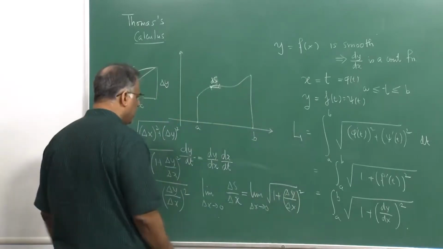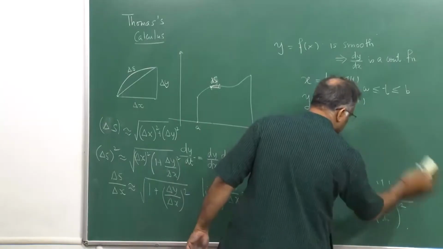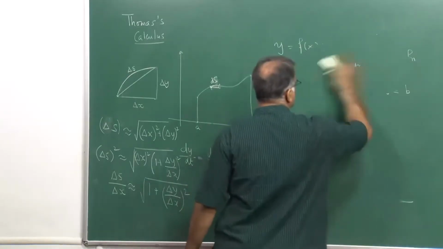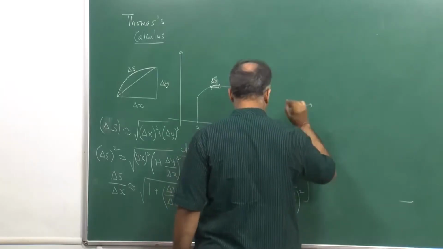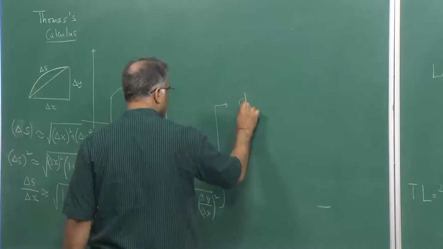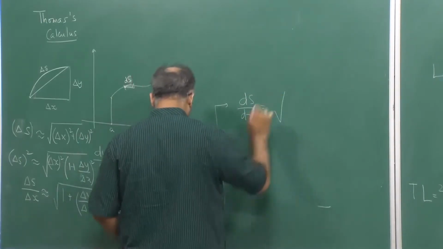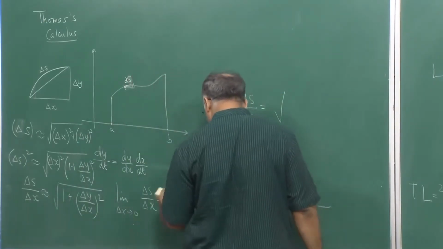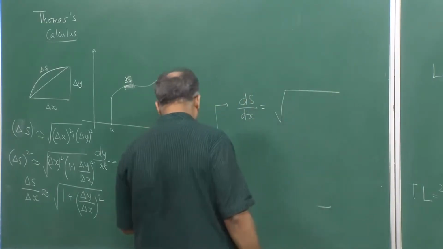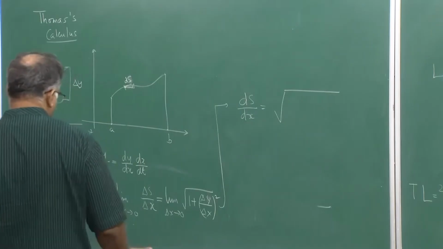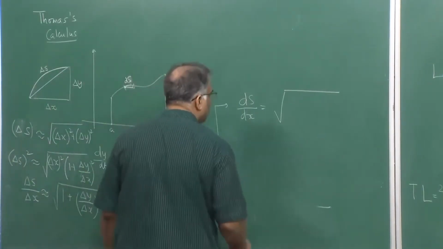Now what do I get in this limit? From here this side simply means ds by dx, and because this function is continuous the limit can be brought into it, because the root function is continuous on the positive reals. 1 plus some square, and any square of any number is positive.